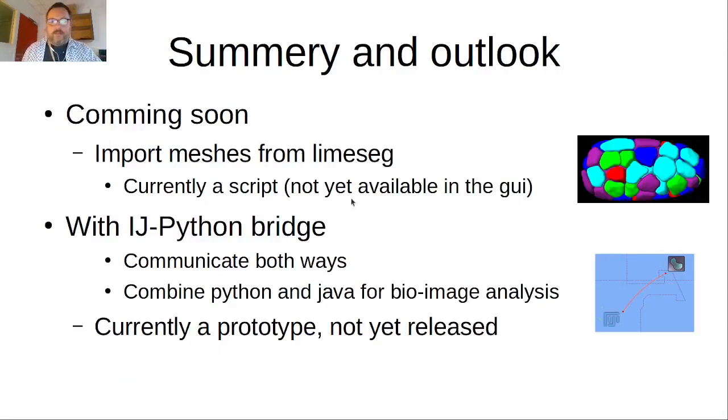So the import of the meshes from LimeSeg, we just have a little script for this, but we will soon add this to the graphical interface. And for the Python bridge, for the ImageJ Python bridge, which will allow to communicate both ways, we have a prototype that works very well, but we still have to do some work on it to get a proper release.